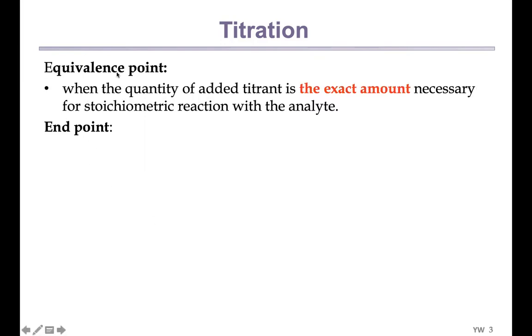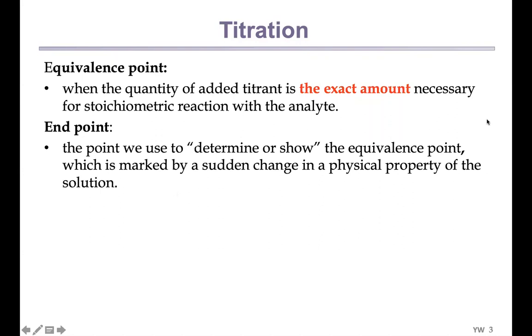So equivalence point is theoretically when the quantity of added titrant is the exact amount necessary for a stoichiometric reaction with the analyte. So this is the theoretical finishing point. Well, the endpoint is something we use to determine or show the equivalence point, which is marked by a certain change in a physical property of the solution.